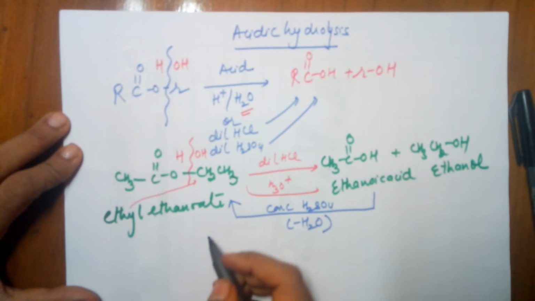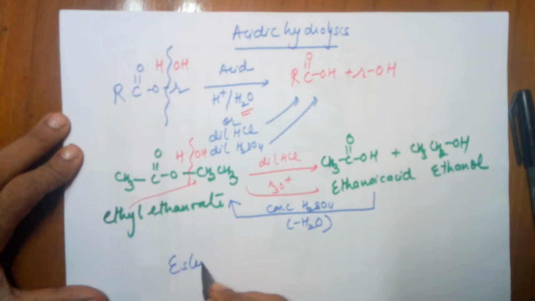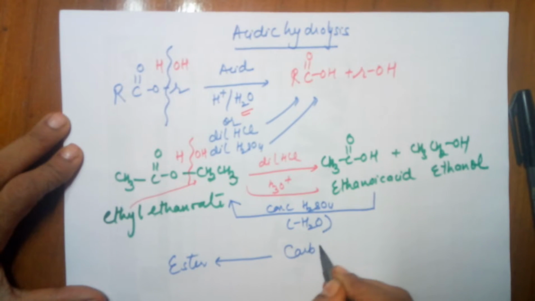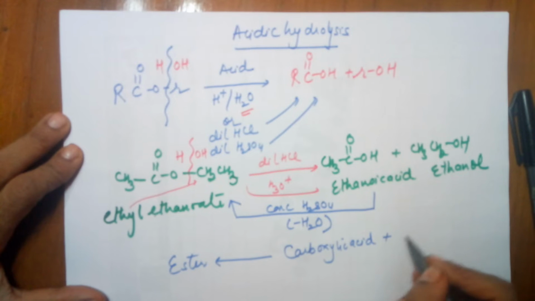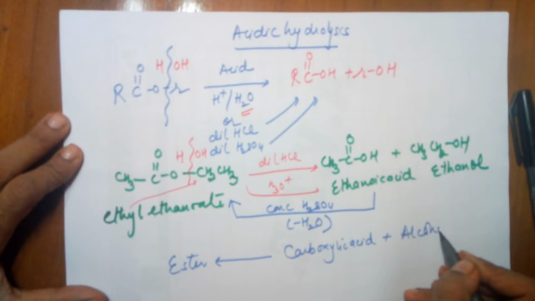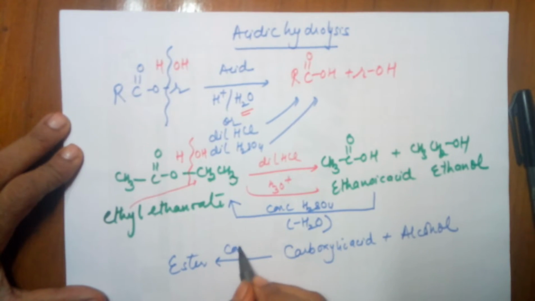So if you have an ester and it is to be prepared from carboxylic acid plus alcohol, that is called esterification, with concentrated sulfuric acid.